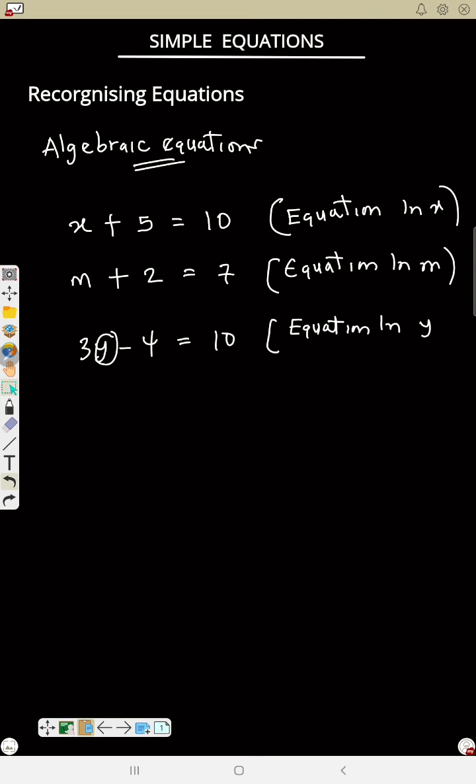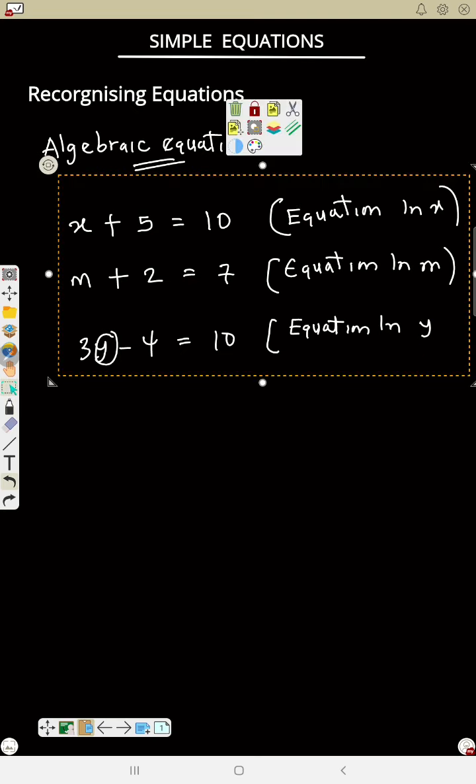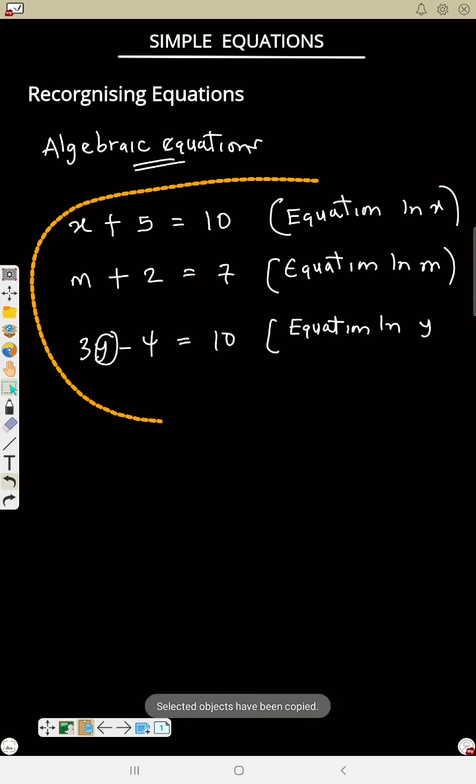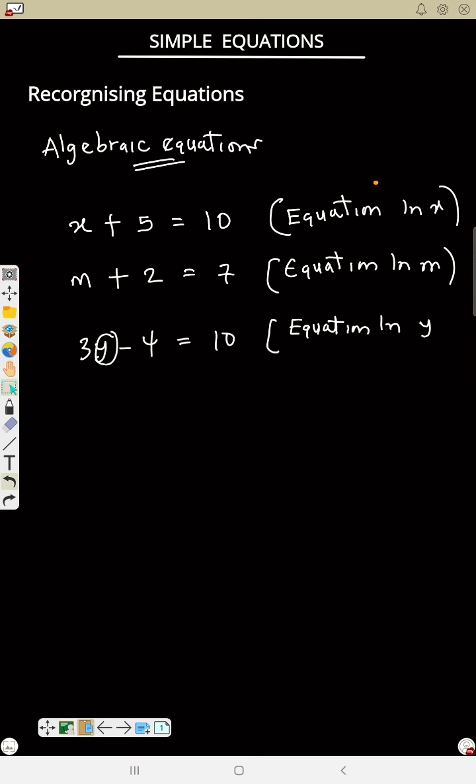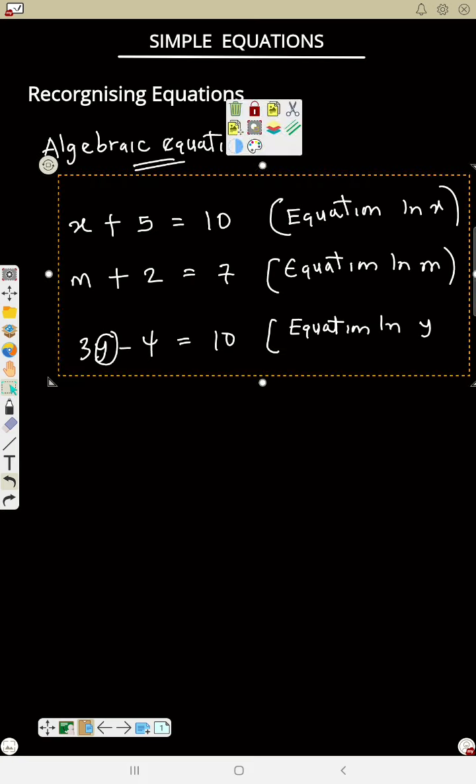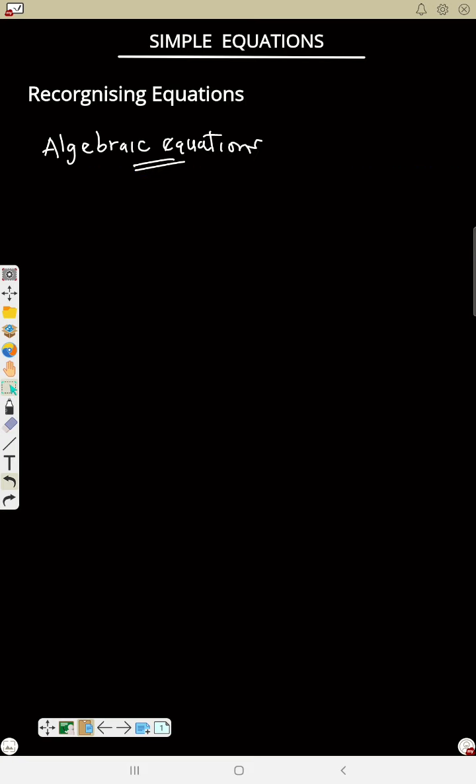Now give me an equation in any alphabet. So that is what you will do now. Give 5 equation in terms of any alphabet. So I'll put you through. Number 1, I have 3p plus 2 is equals to 10.